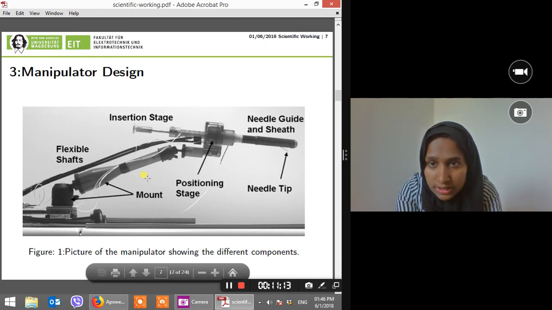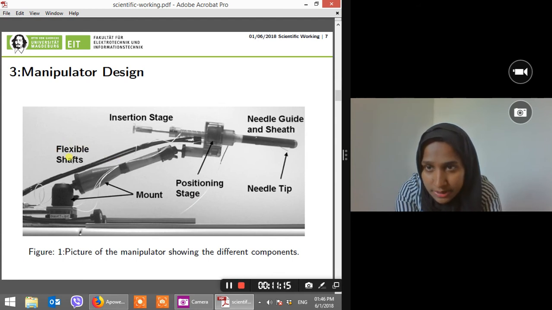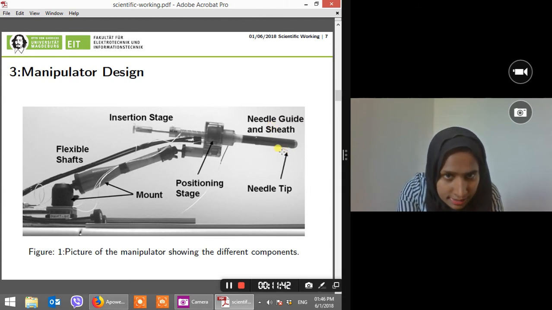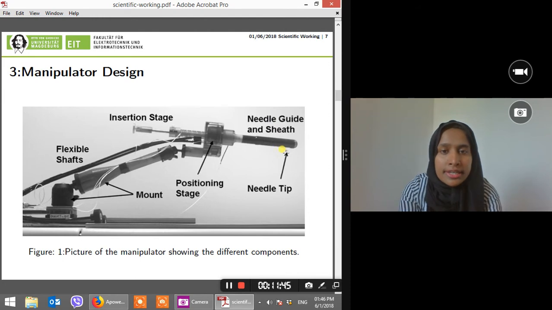The first thing we have is these flexible shafts that can be adjusted, and these are the mounts responsible for the adjustment. Then we have the insertion stage, in which the needle goes inside the needle guide. This is the needle guide and needle sheath, which will be placed exactly adjacent to the rectum of the patient, and then there is a tiny needle tip.